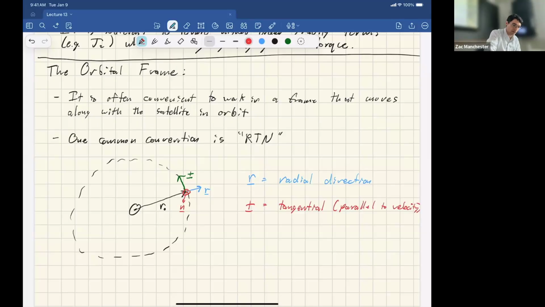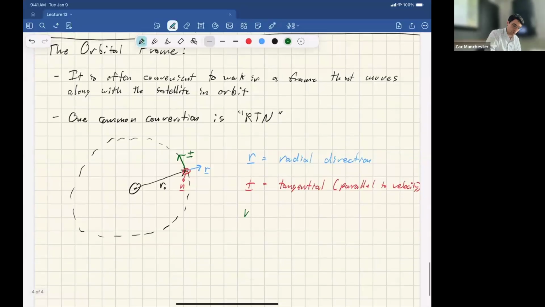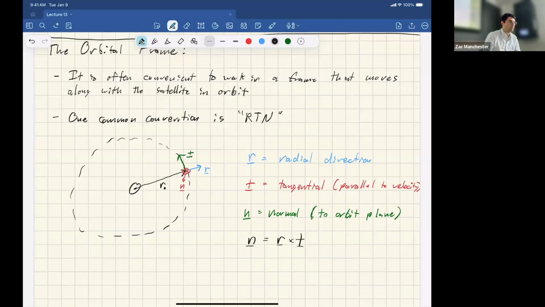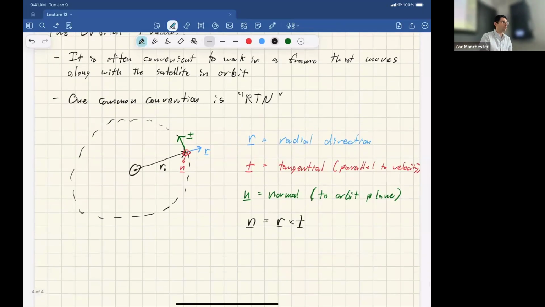And then N, which is normal to the orbit plane. And these are defined such that N is R cross T to give you a right-handed coordinate frame. People seen this before?